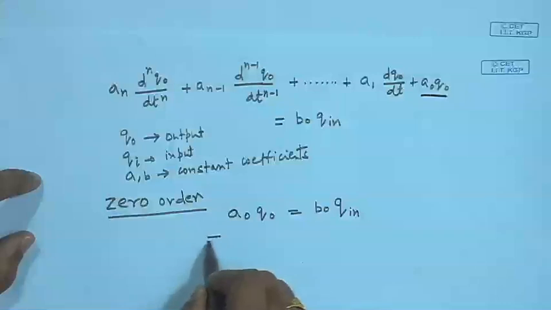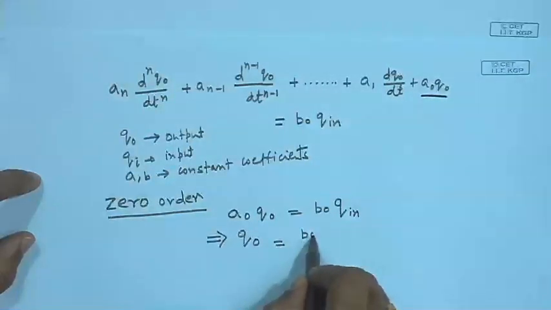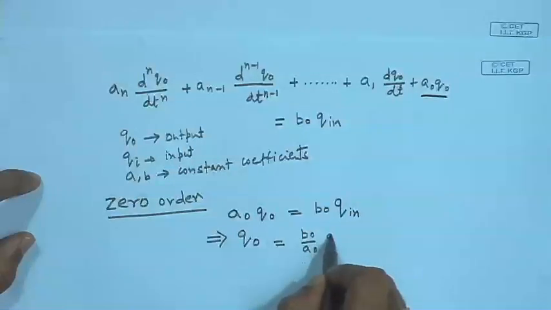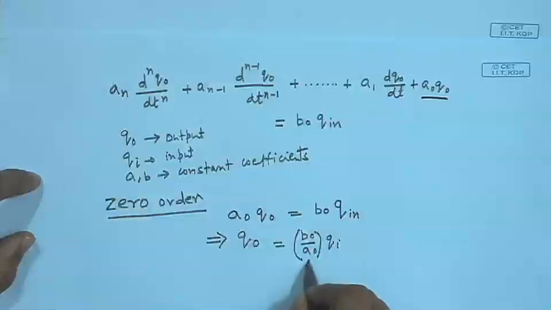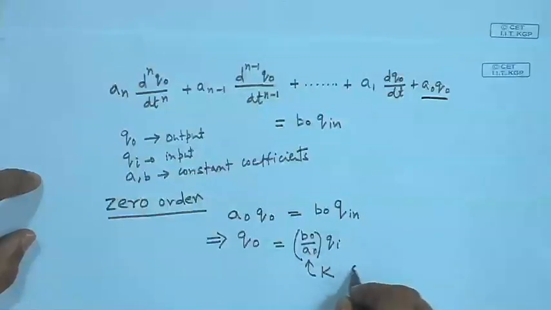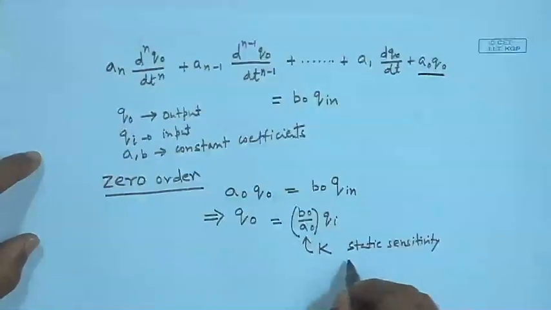If we rearrange, call this K, which is static sensitivity, also called gain.